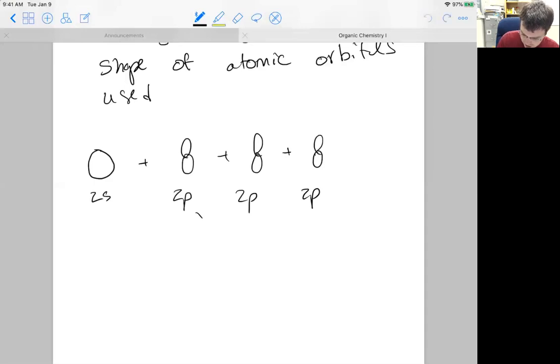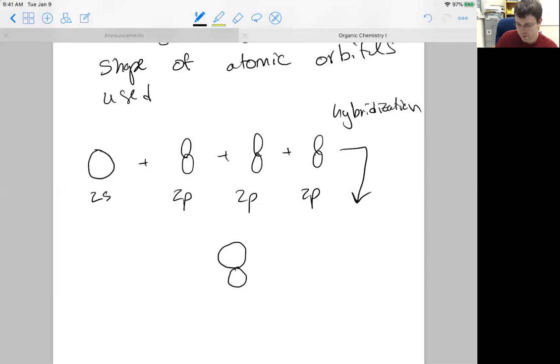That just confuses things to worry about that. Okay, they're all just 2p orbitals. And we're going to mix all of these atomic orbitals together through hybridization to give us 4 orbitals that look like this.